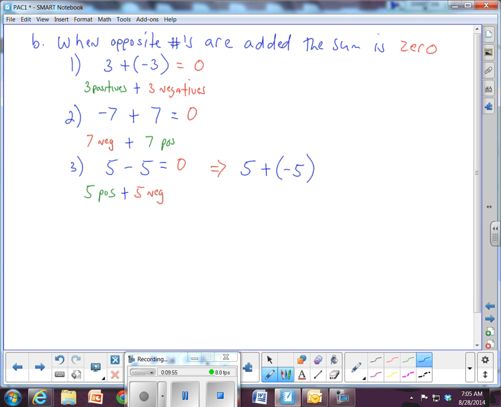And so you're saving 3 keystrokes. And math's all about saving keystrokes. So we just write it 5 minus 5. Okay, but you've got to train your brain to look at it in that respect that, hey, what we have here is 5 positives and 5 negatives. If you do that, you're going to be in good shape.